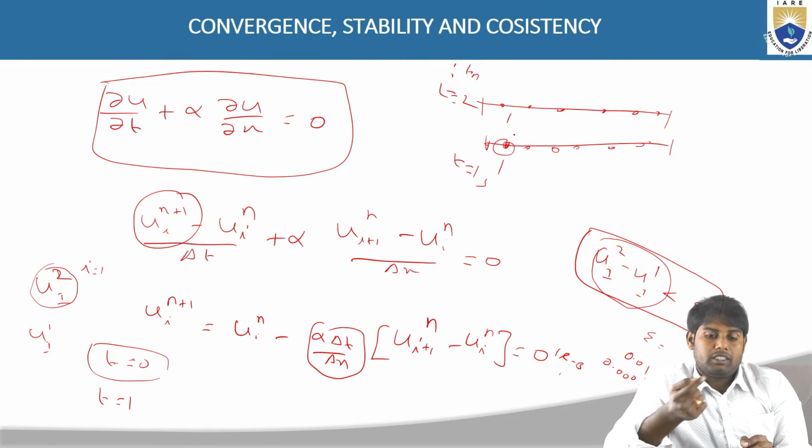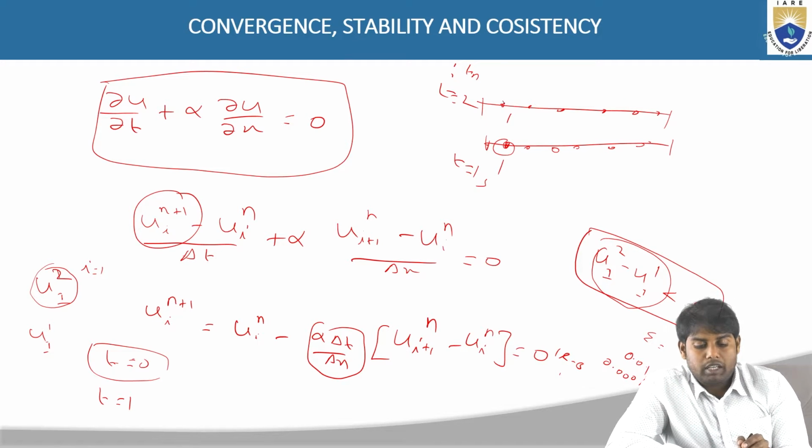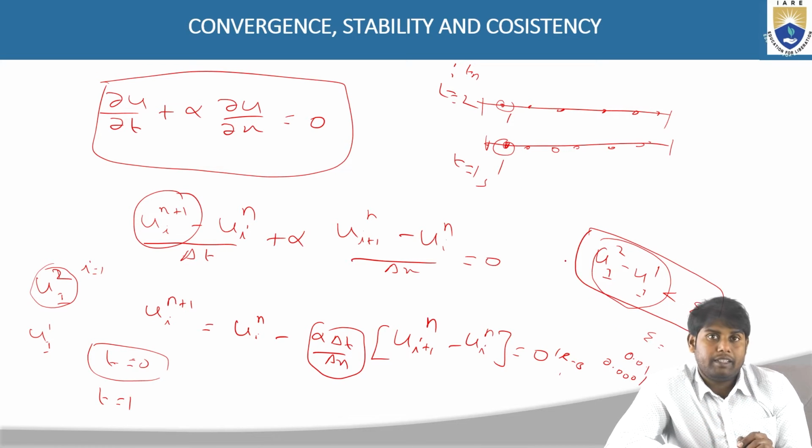After certain time, you have another value. So the difference between the initial and the next value, if it is less than the particular error that we assign, then we can say that the simulation has converged.